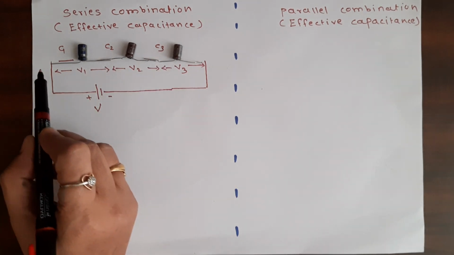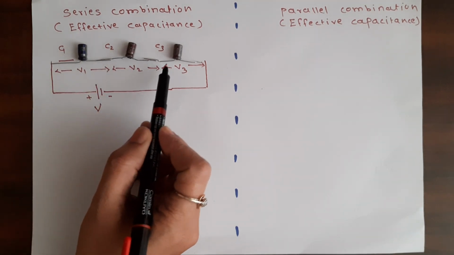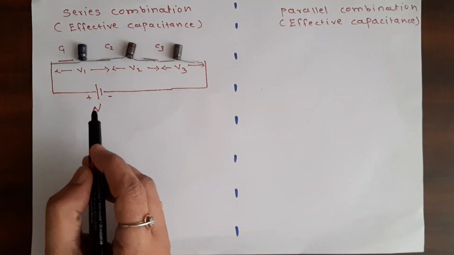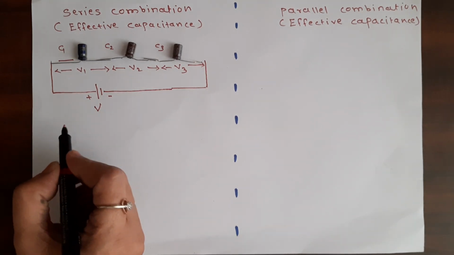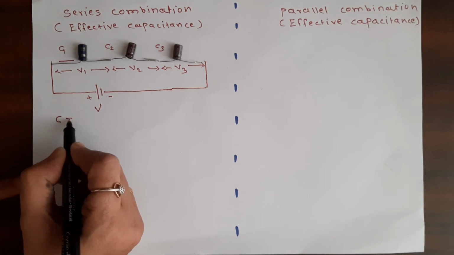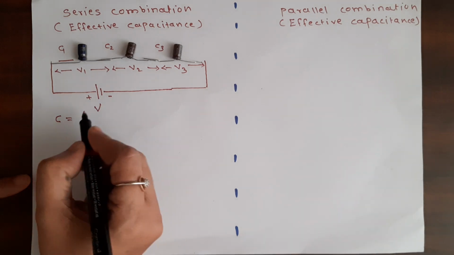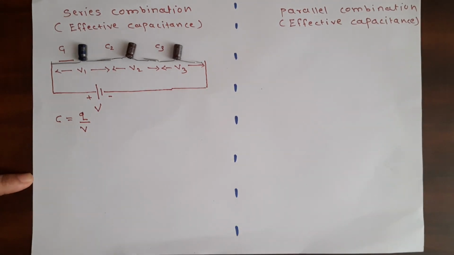C3. Due to the path of each capacitor being the same, there is no change in the charge value or current value. So according to the definition of capacitance, capacitance is equal to charge per unit potential.